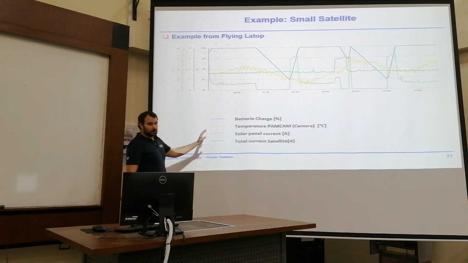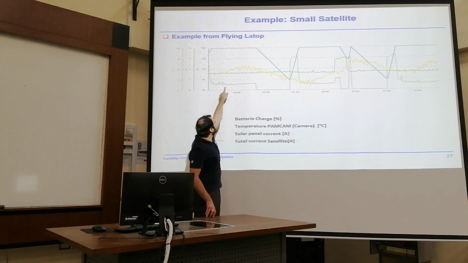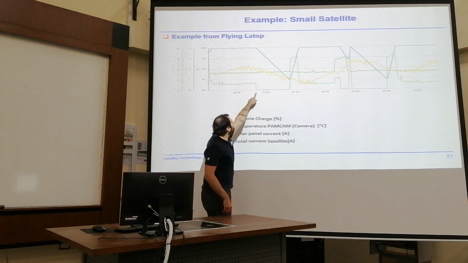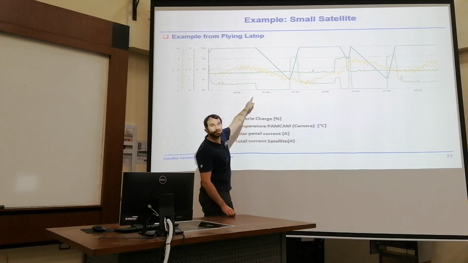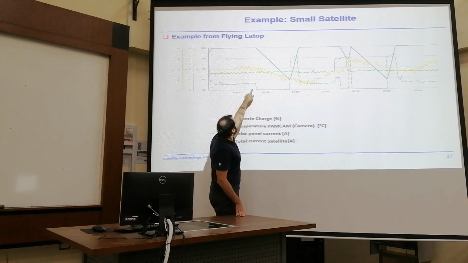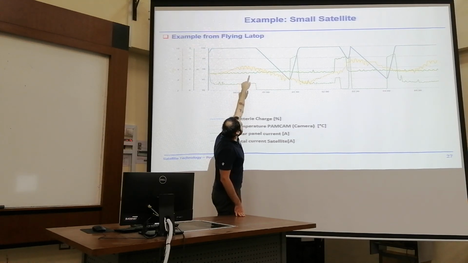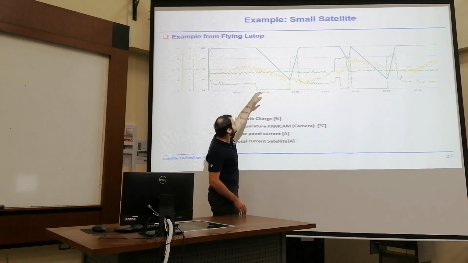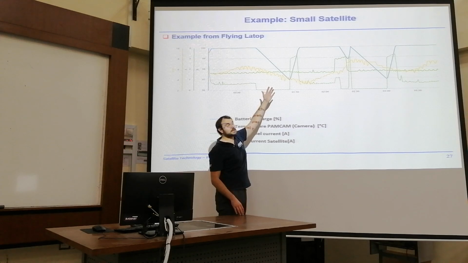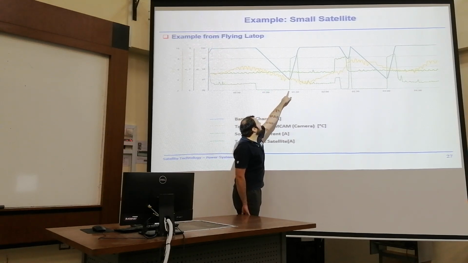Now look at it. First, there's some solar panel current coming in, and here it immediately goes to zero, probably the eclipse phase. You can see that immediately the battery charge starts to drop. So now we're feeding our camera, for instance, or the satellite bus itself, by our batteries until the sun is back.